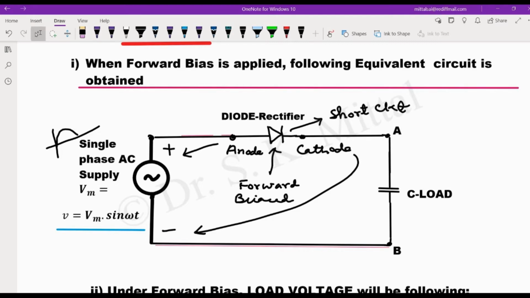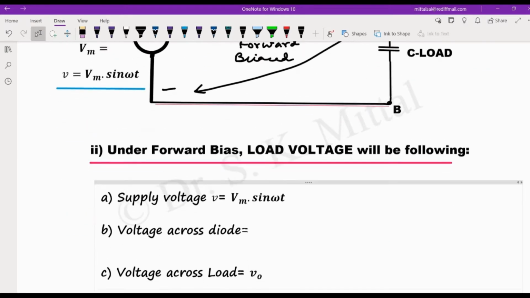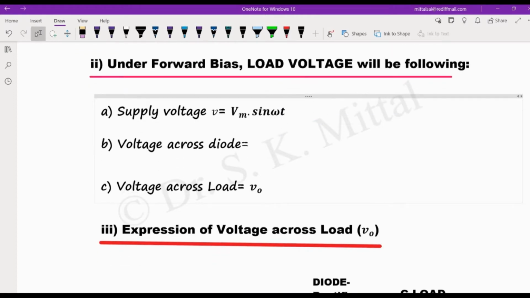Now, if we want to calculate the load voltage, first see the supply voltage is represented by V equals Vm sin omega t. Since the diode under forward bias condition is represented by a short circuit, the voltage across the diode becomes 0.